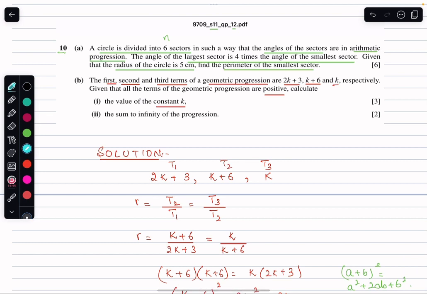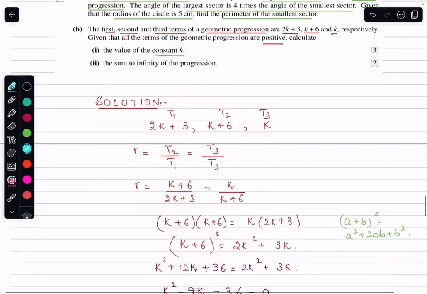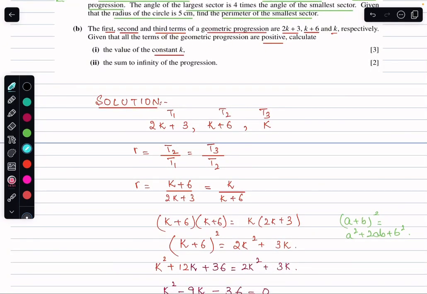Part B says find the sum to infinity of the progression. To find the sum to infinity, we know that the common ratio is T2 by T1 or T3 by T2. So now, after having the value of k, I need the exact value of the common ratio as well as the first term.